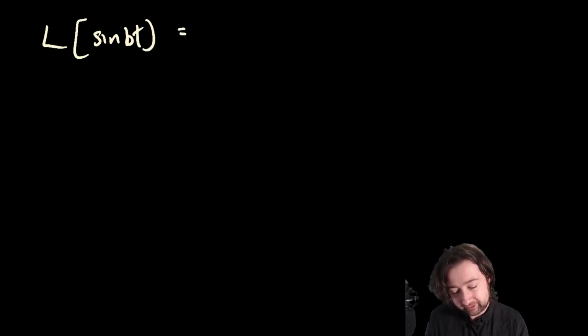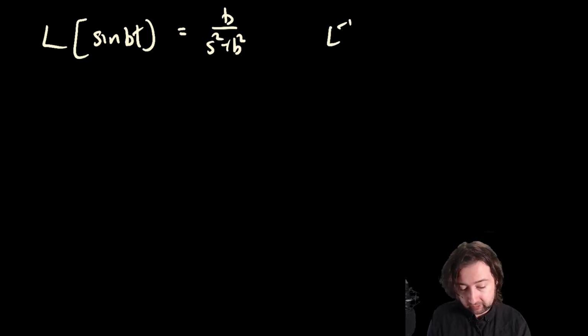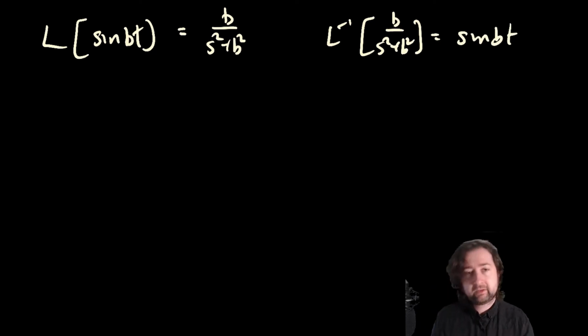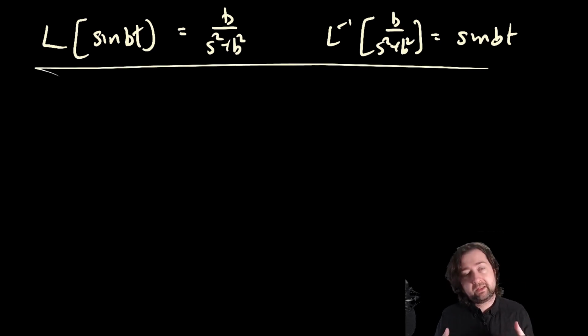The Laplace transform of the sine of bt is equal to b over s squared plus b squared. And so the inverse Laplace transform of b over s squared plus b squared is sine of bt. That body of knowledge, our basic Laplace transform patterns, is going to be the launching point that we use to start studying equations. Before we do that, though, we should look at how to do inverse Laplace transforms of some example functions.